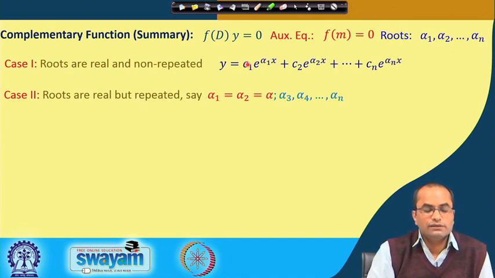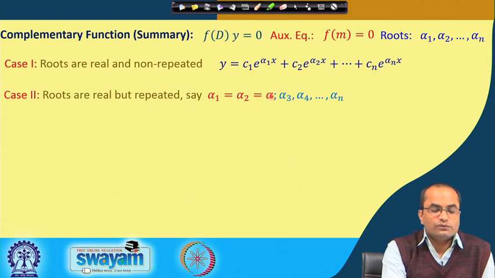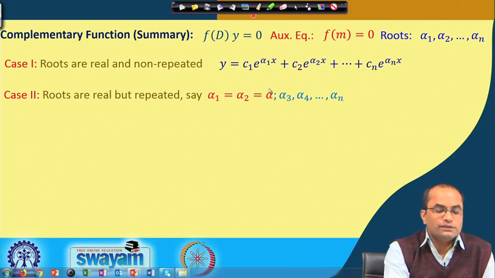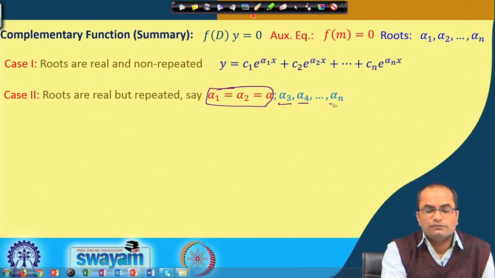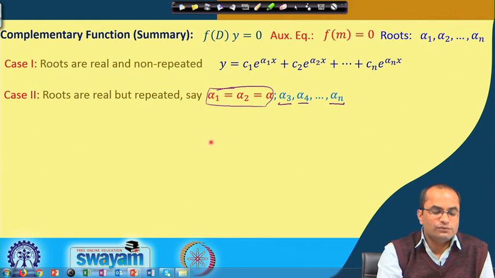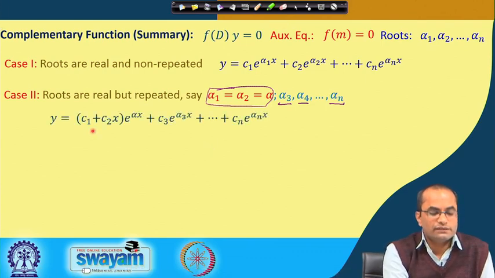Case 2: the roots are real but repeated. Say alpha 1 is equal to alpha 2 is equal to alpha. So, this is the repeated root, the first two roots are repeated, and alpha 3, alpha 4, up to alpha n are non repeated. In this case, the general solution will take this form.